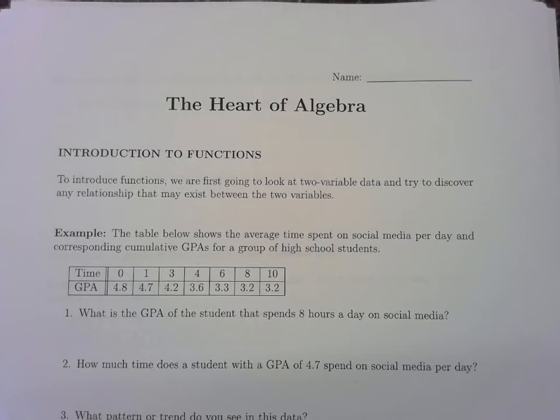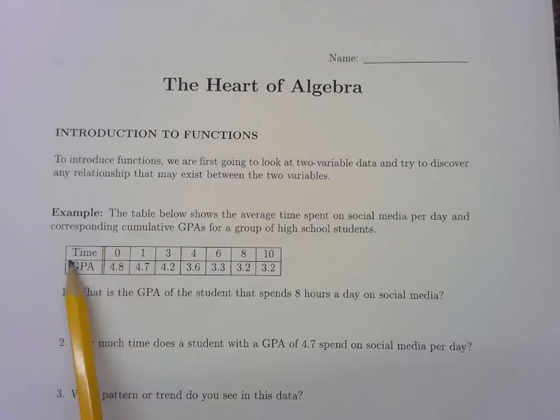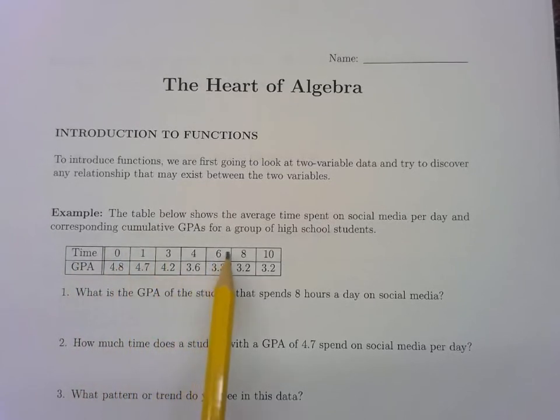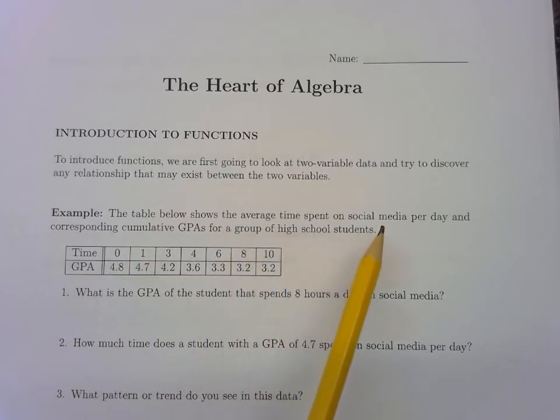Okay, so to introduce this, let's look at an example. It says the table below shows the average time spent on social media per day and corresponding cumulative GPAs for a group of high school students. So let's just look over this, make sure we understand. Okay, so the time here is 0, 1, 3, 4, 6, 8, and 10. So that is the average time spent on social media per day.